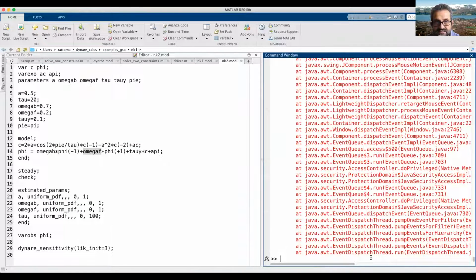I think that I have to restart MATLAB. So sorry. So I restart MATLAB and I go for the Lubik-Schorfheide model to show some. Reopen it. Sorry, I have to open another instance. Okay.